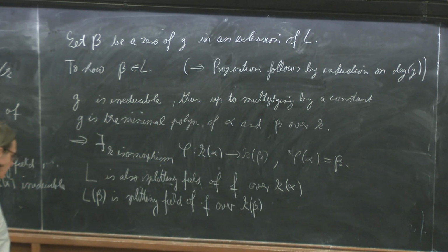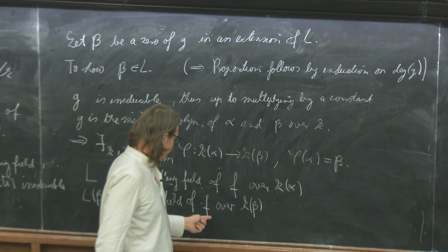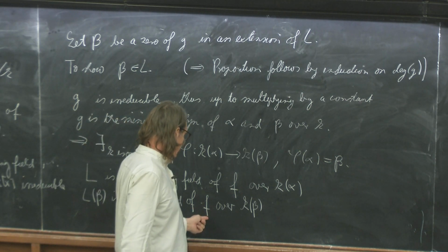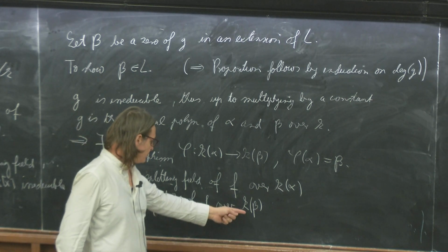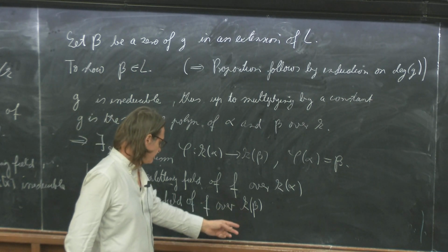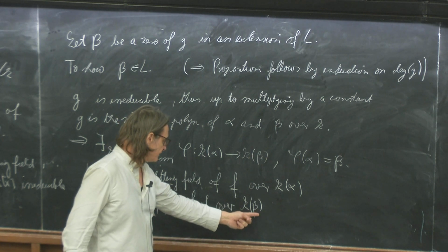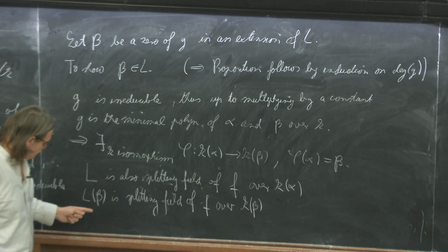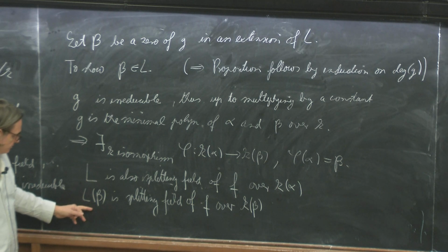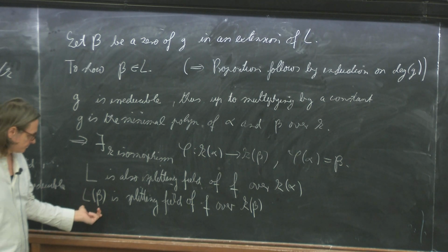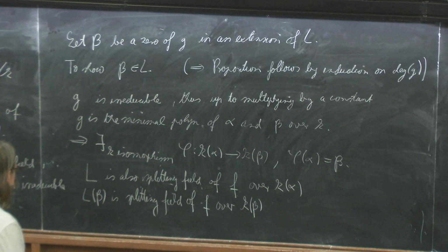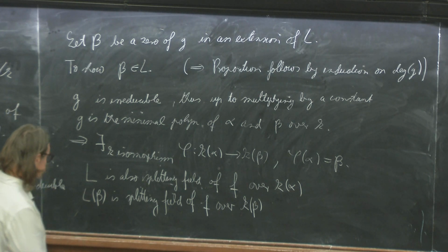Because f splits over L into linear factors, but if it's supposed to be the splitting field over K(beta), then it must contain beta. So it must contain the smallest field which contains L and beta, which is L(beta). So by definition, L(beta) is the splitting field of these two.